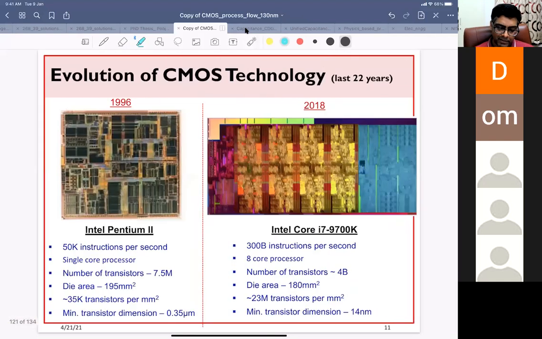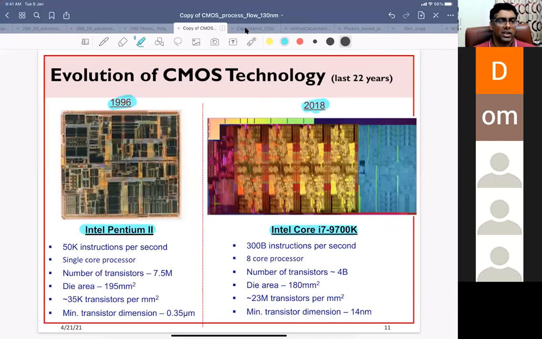Now here I have compared the last 22 years. I have taken Intel Pentium 3 and Intel Core i7. Intel Pentium 3 came in 1996, and this is 2018.